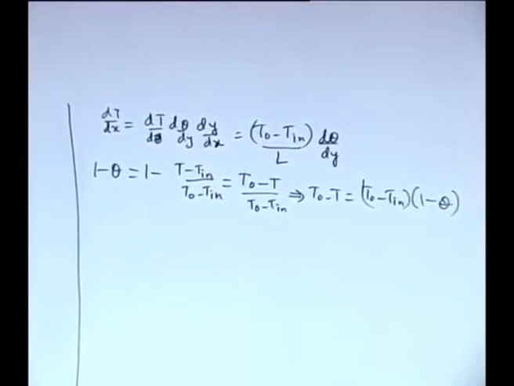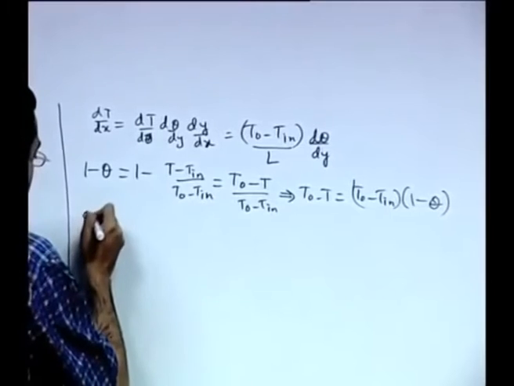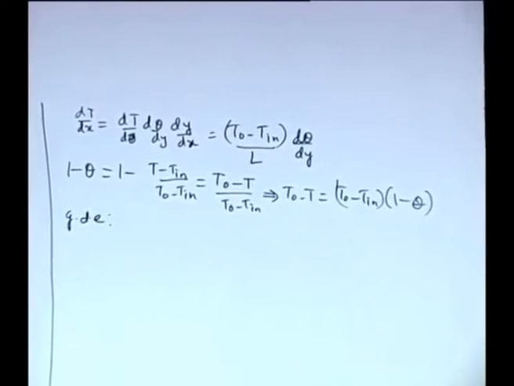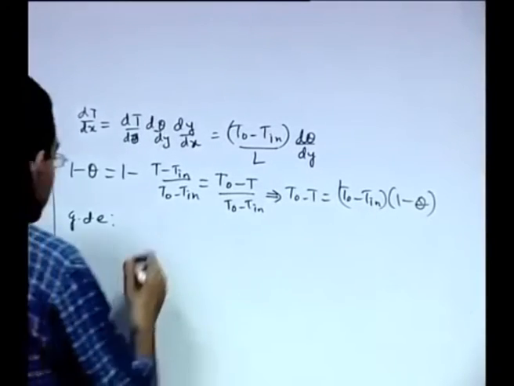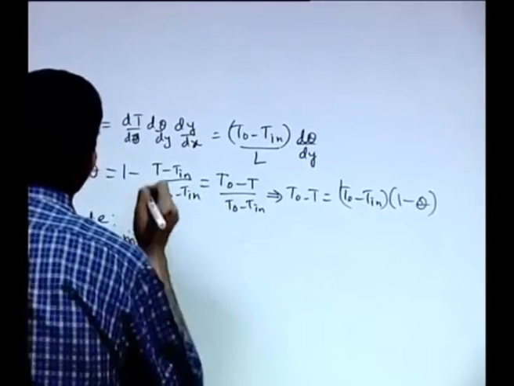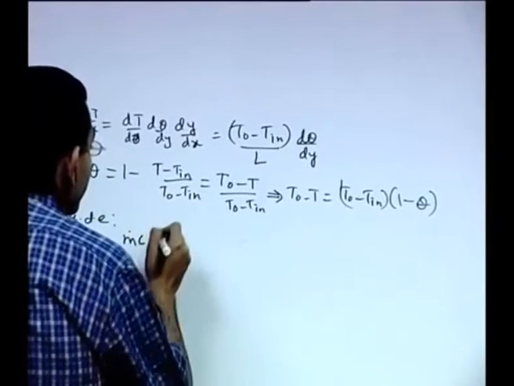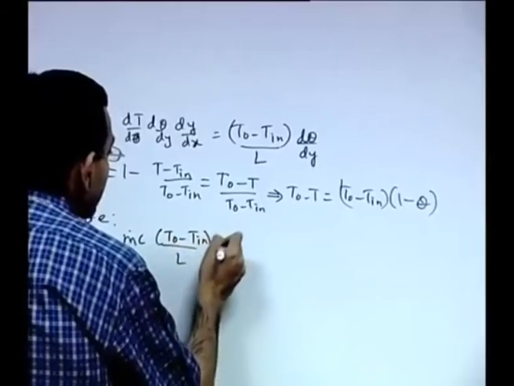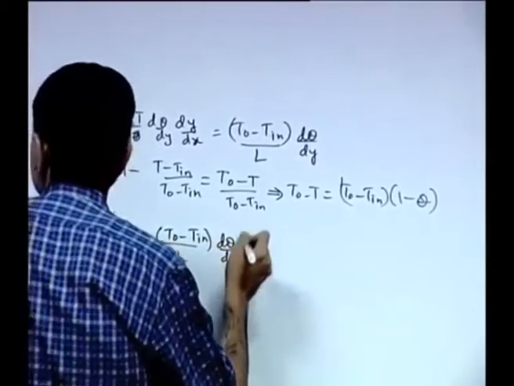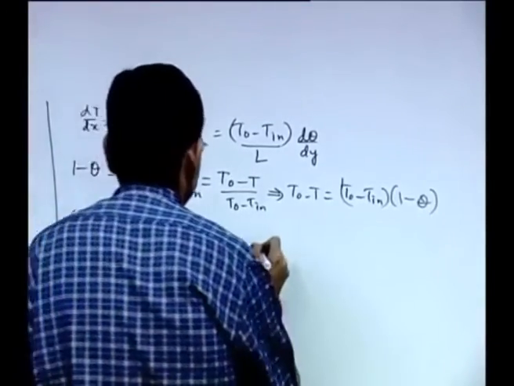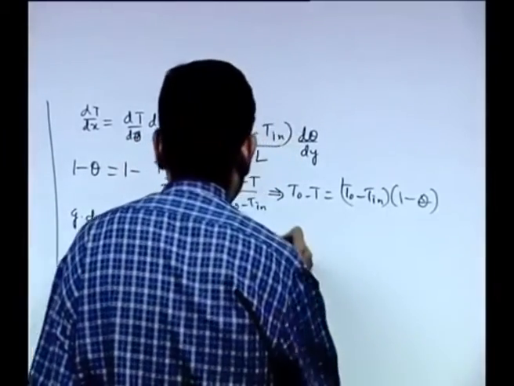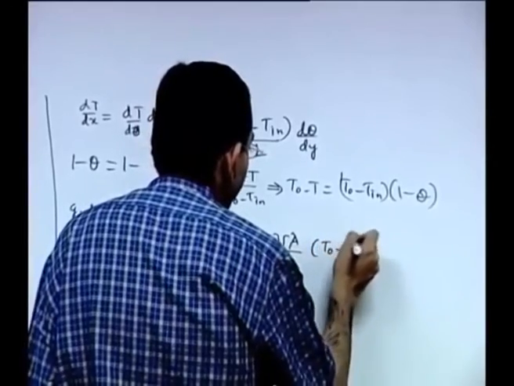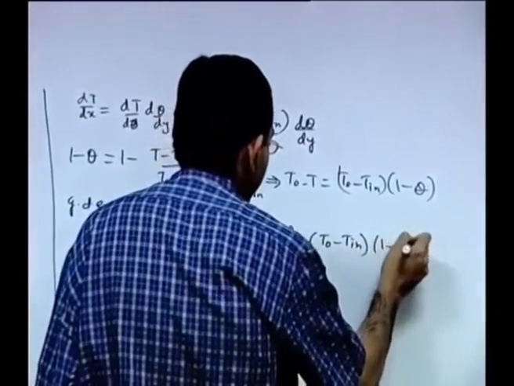So the governing differential equation becomes m dot c into T0 minus T in by L d theta dy is equal to u a by L into T0 minus T in into 1 minus theta.